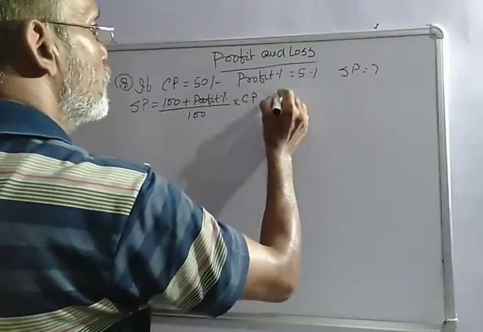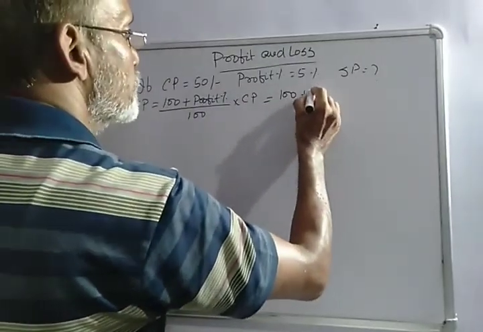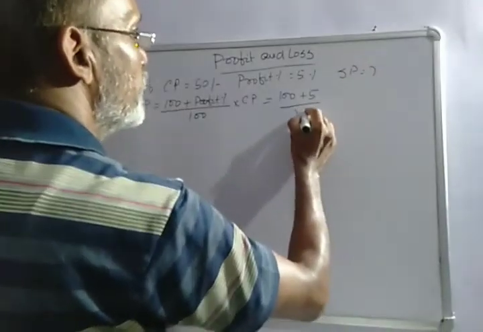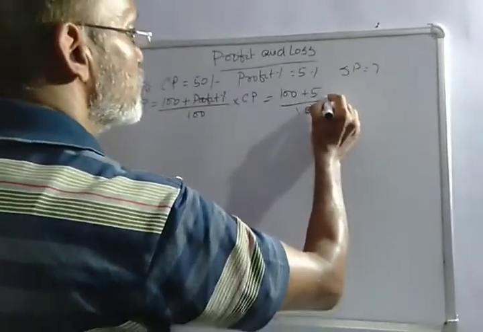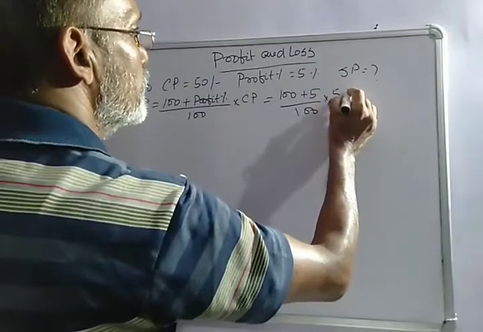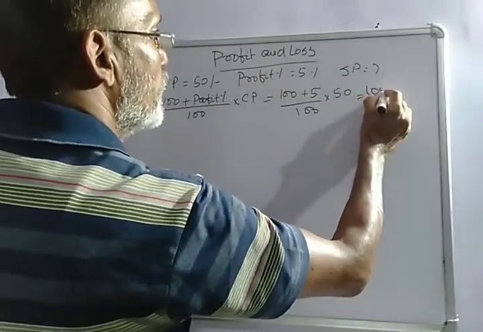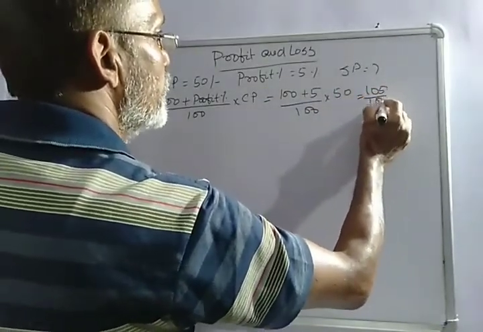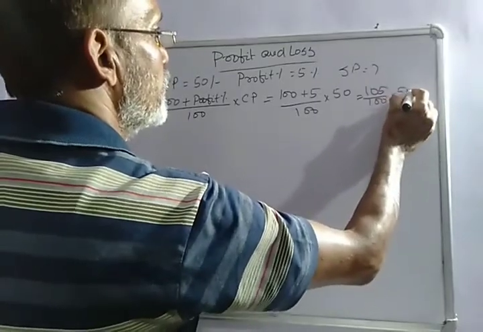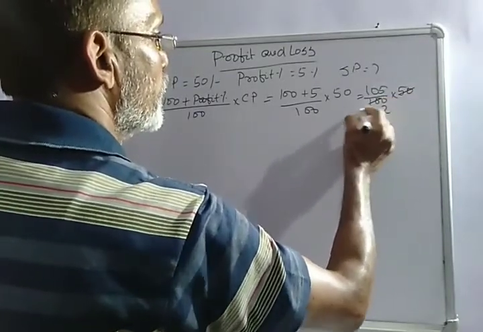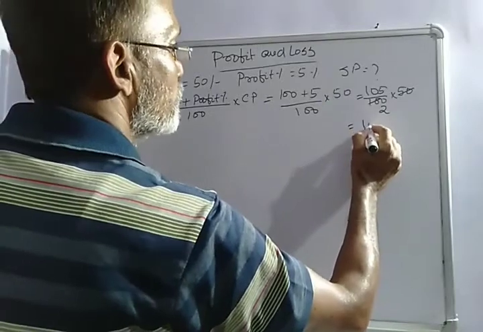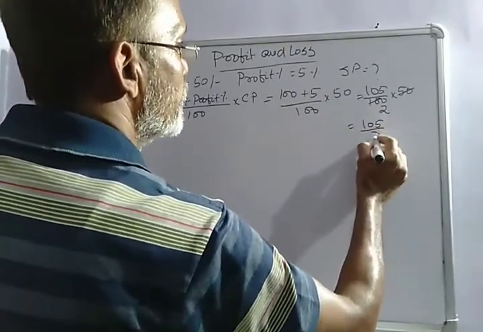So this is equal to 100 plus 5 by 100 into 50, which is 105 by 100 into 50. So the selling price is 105 by 2 rupees.